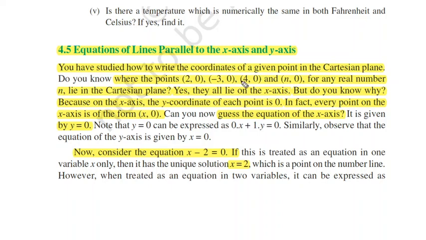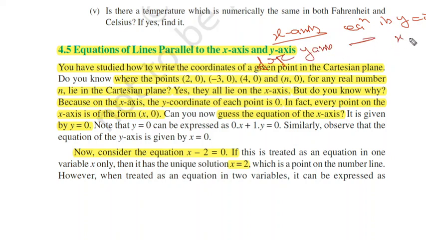Again I am repeating: for the x-axis the equation is y equal to 0, for the y-axis the equation is x equal to 0, and we can write these equations as linear equations in two variables also.